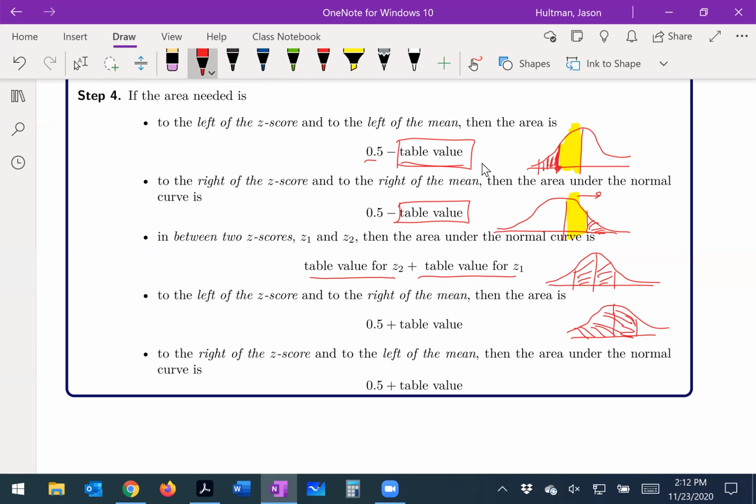Then what we would do is take 0.5 and add the table value: 0.5 plus the table value. Again, the table value is just going to give us this piece, so we have to incorporate all of the area. And then the same thing on the other side. If we want this one, then we would incorporate the table value, which is this piece here, and we would add 0.5 for the rest of the scores that we want.